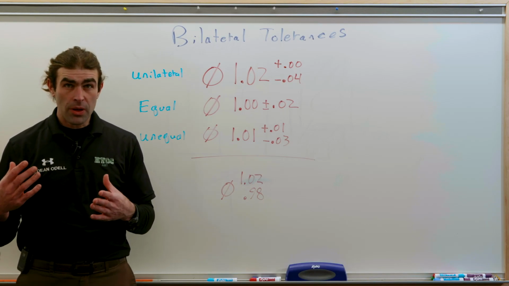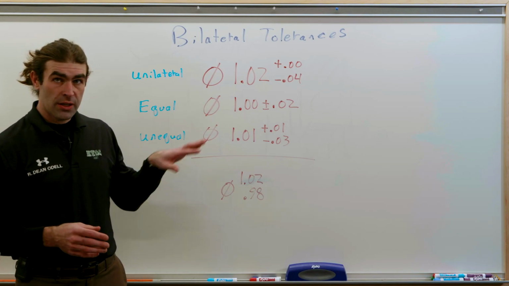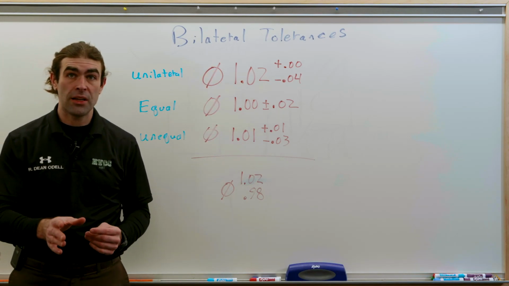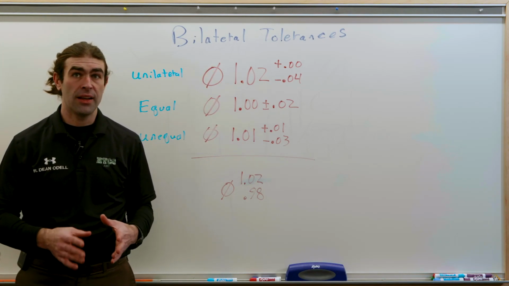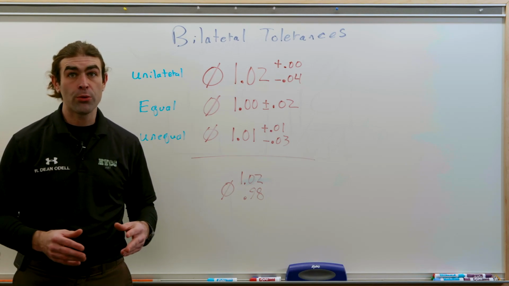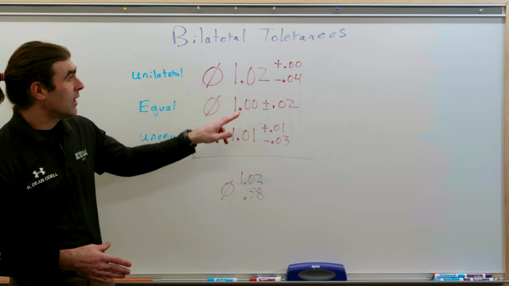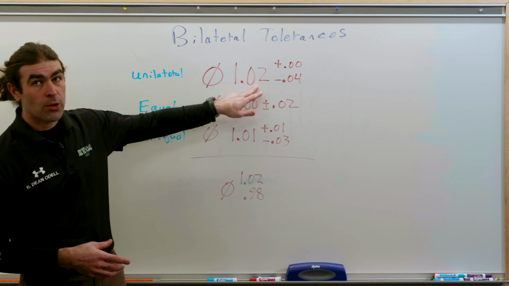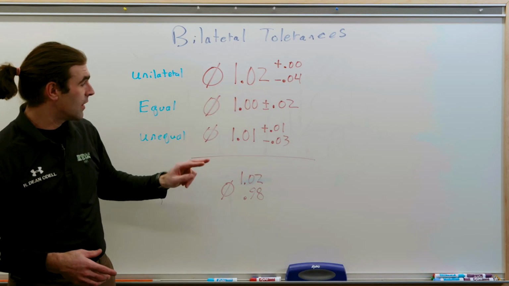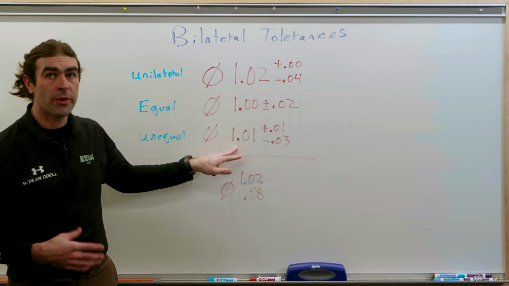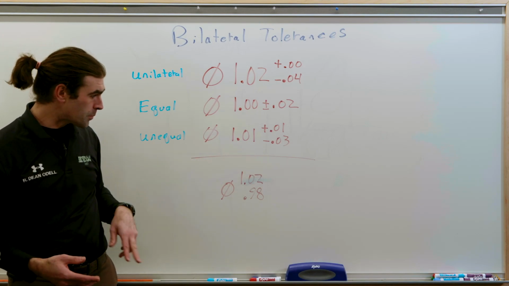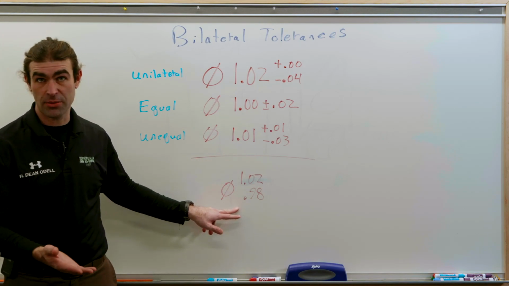Now, I want to make a point that all of these tolerances mean the exact same thing at inspection. There's absolutely no difference between inspecting a part 1.02 plus 0 minus 40 and inspecting a part 1.01 plus 10 minus 30. They all mean this in limit dimensions.